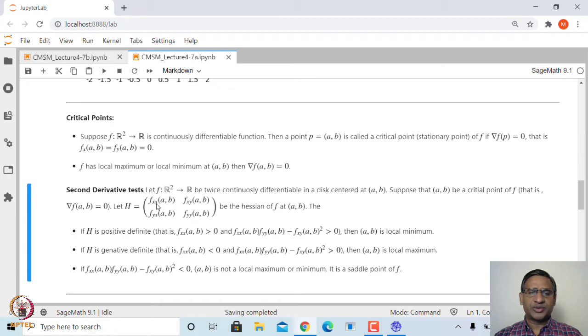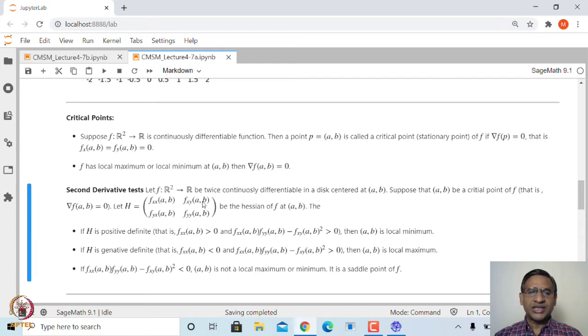This is the second order partial derivative of f with respect to x twice, this is the partial derivative of f with respect to x followed by y, here it is the partial derivative of f with respect to y followed by x, and this is the second order partial derivative of f with respect to y twice. But if we assume that the function is twice continuously differentiable, then this Hessian will be symmetric, because the mixed second order partial derivatives will be the same. That is what we saw.